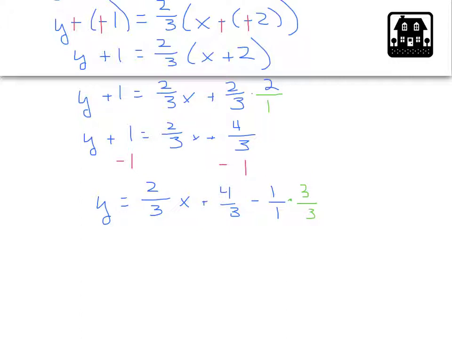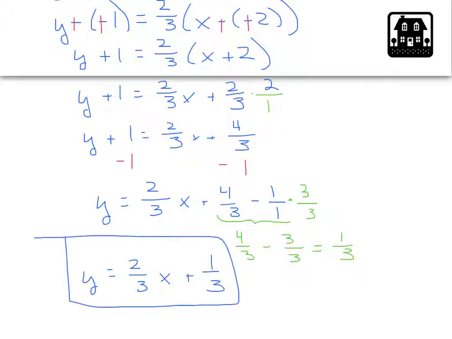So here we have 4/3 minus 3/3 equals 1/3. So we can plug that 1/3 into there. So we get y equals 2/3 x plus 1/3. And that is our equation of our line.